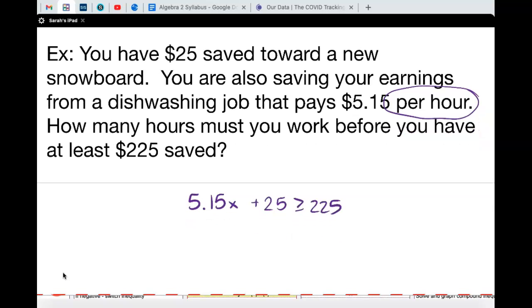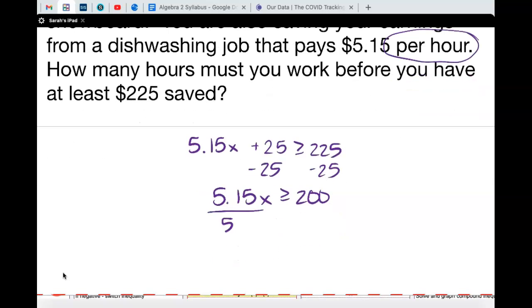So what should we do to both sides? Subtract 25. Yeah, so that's 200. We're dividing by a decimal, which pencil math skills is not good with that. 38.8. Okay.